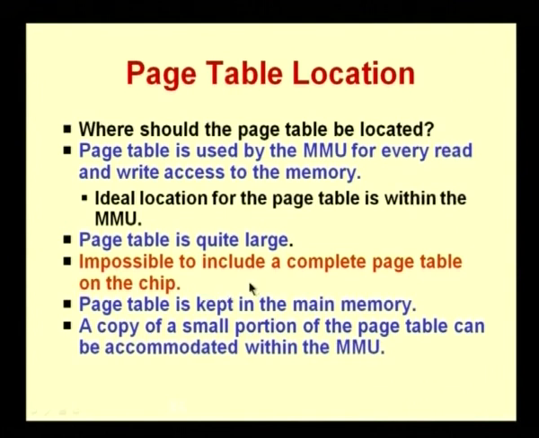So normally we keep the page table in main memory, but a small portion of the page table is accommodated within the MMU. That small portion, which can be treated like a cache for the page table, gives us faster access and lets us do the address translation. This is basically how the virtual memory subsystem works.